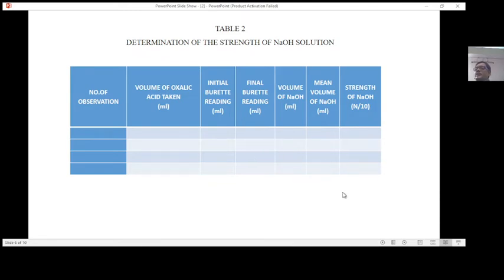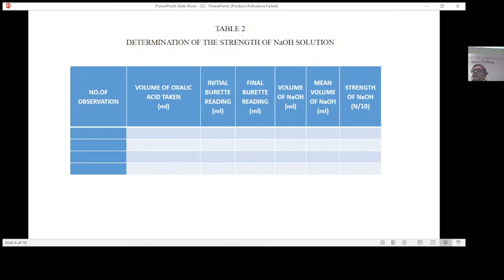Using the V1S1 = V2S2 formula you can easily get the strength of NaOH in the range of N/10. As oxalic acid strength is in the range of N/10, NaOH will also be in that range, with a factor. So from table 1 we have the strength of oxalic acid, and from table 2 we got the strength of unknown NaOH.